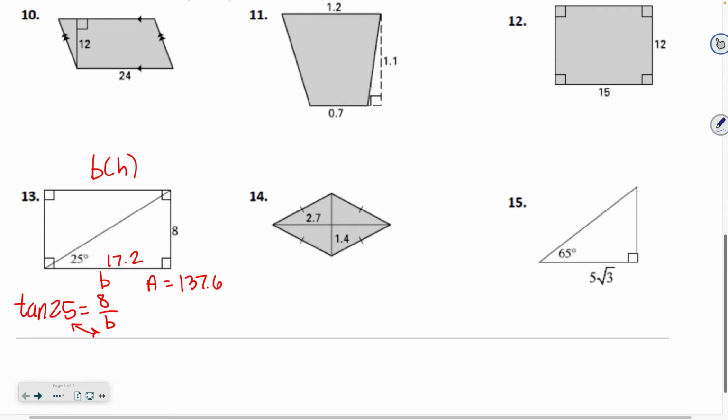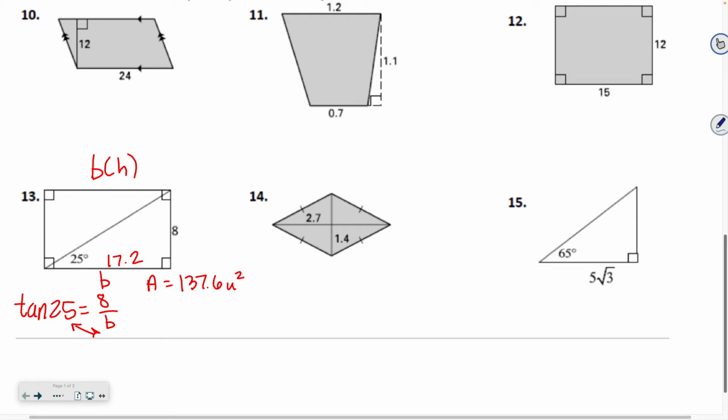If you just did 17.2 times 8, you're going to get a different answer than if you typed this in the calculator and then hit times 8 and didn't retype it. So you may be a little bit off on your decimals. It's okay. So units squared. Willis, you probably need to pay attention because you didn't know that that was a parallelogram up there.